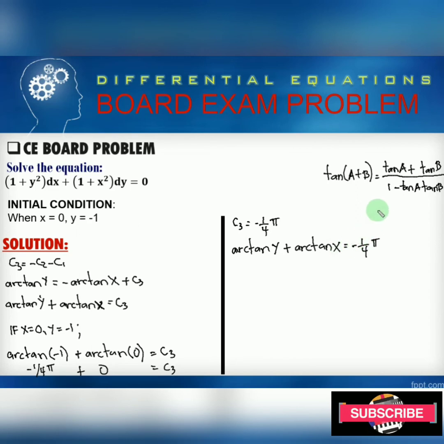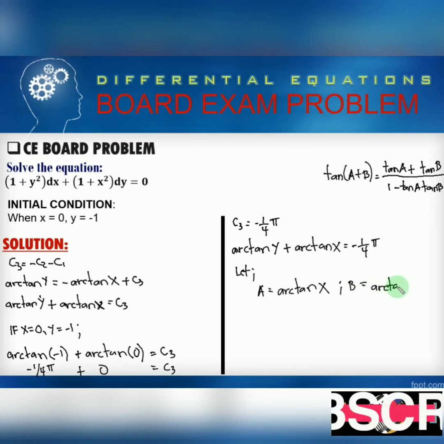So from this property, we need to assign, so let us let a be just simply equal to the arctangent of your x, and then our b is just the arctangent of your y. So we will assign these variables a and b so that we can solve this problem.